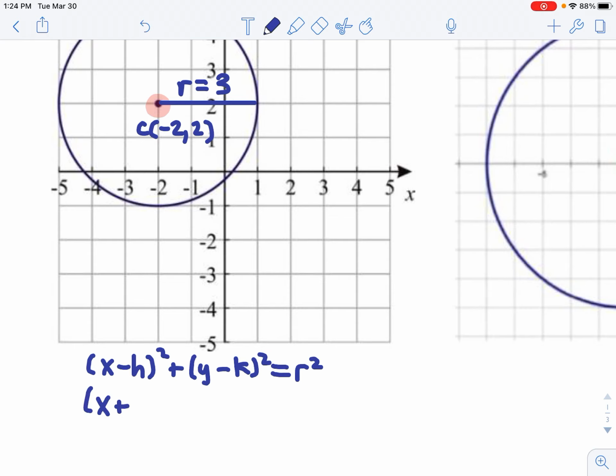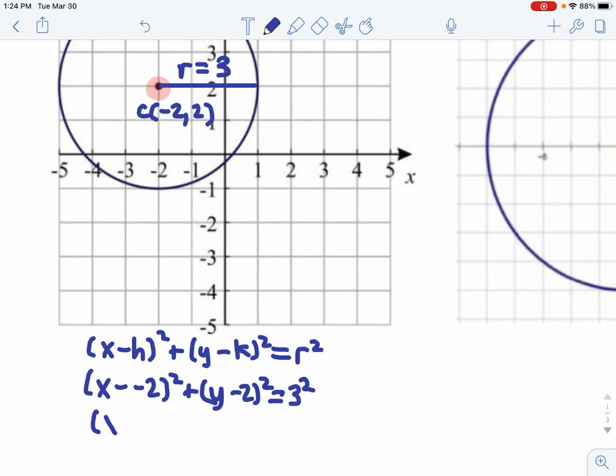Plug in the junk. (x - (-2))² + (y - 2)² = 3². Notice how I'm simplifying. I'm making sure all my signs are correct.